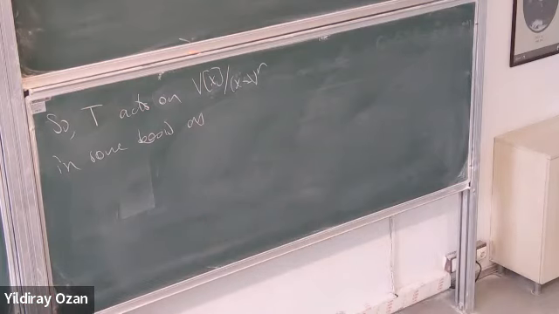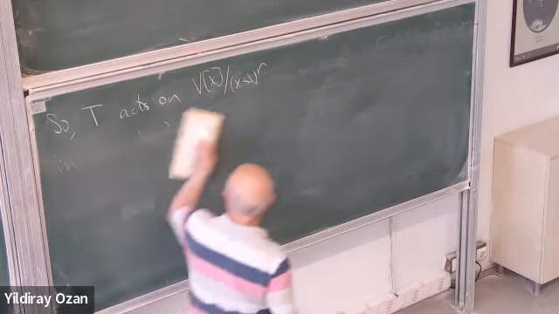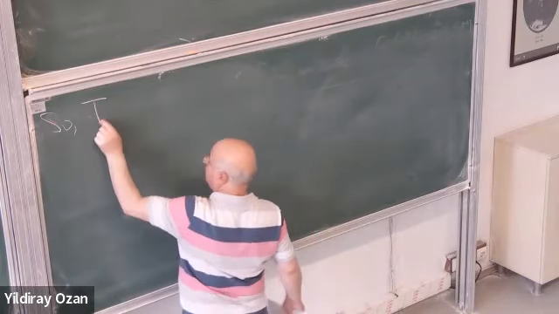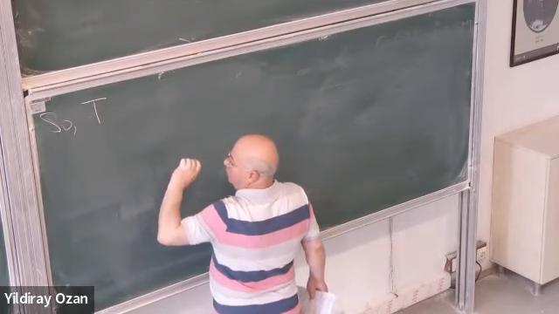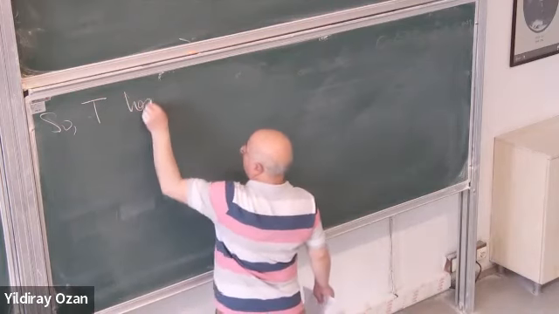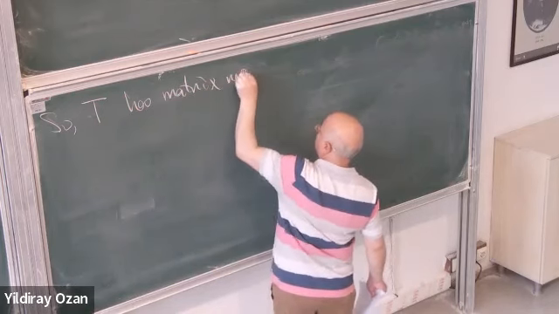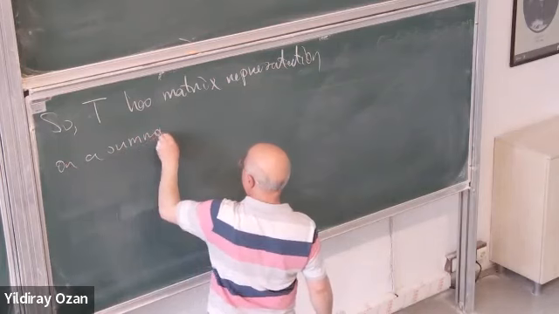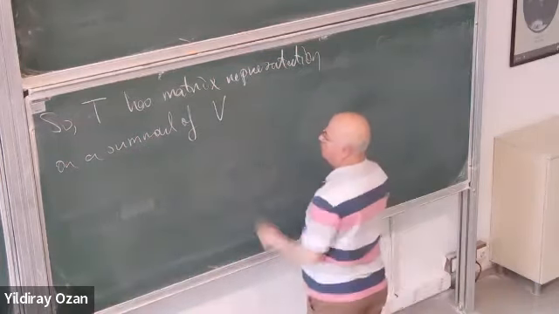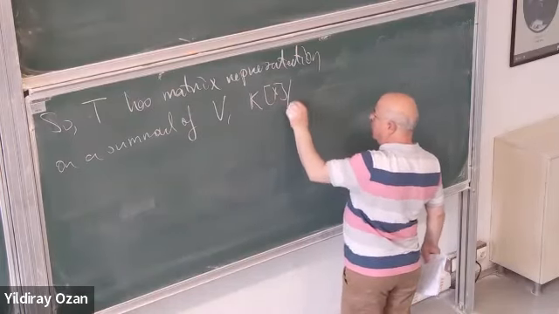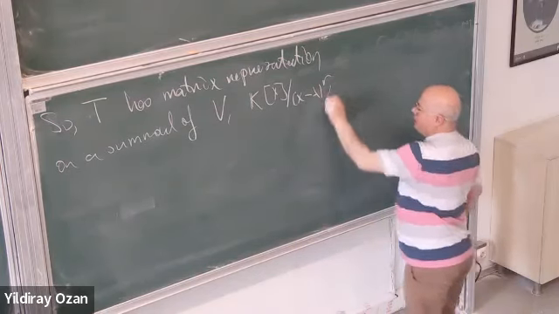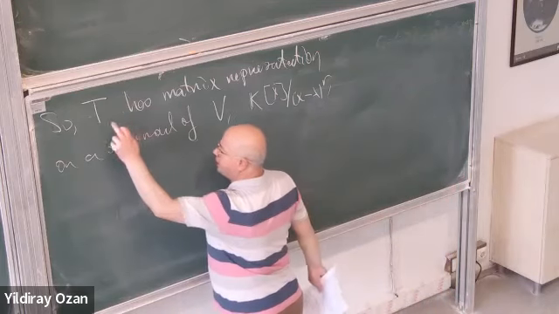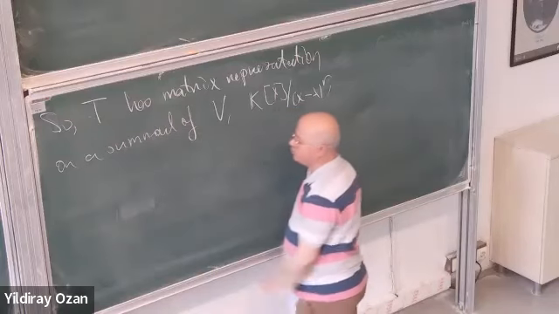Okay, let me say. So, T has matrix representation on a summand of V, that is, x divided by x minus lambda to the power r, let's say. There are parts of this type. Here x is added as multiplication. But this means that there is a part of T, and on that part the matrix representation of T is like this.